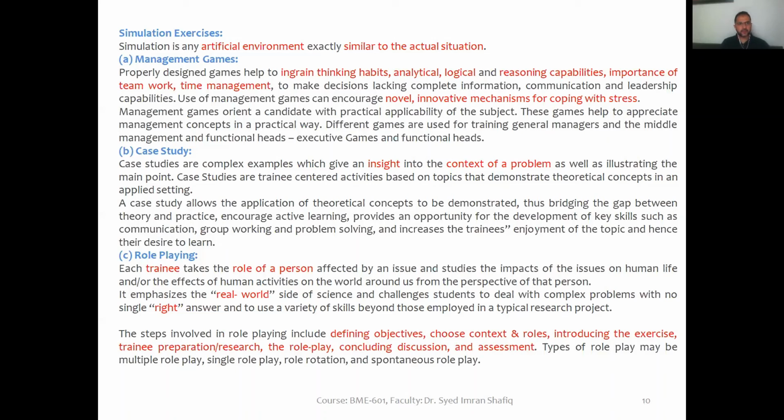in which these games are designed to help gain thinking habit, analytical, logical and reasoning capabilities, importance of teamwork and time management. For example, one of the most popular management games is you give a certain amount of money to a group of 3 or 4 people, and you instruct them that you have 3,000 rupees and you have to come after a week and you have to earn a profit out of this money.